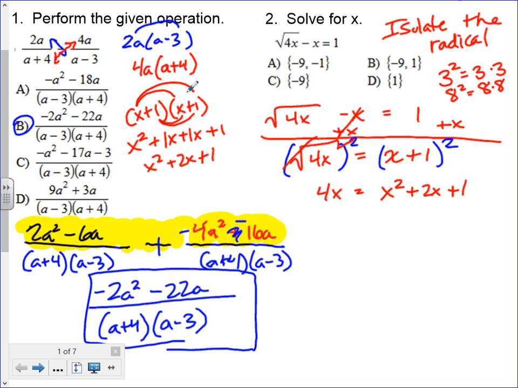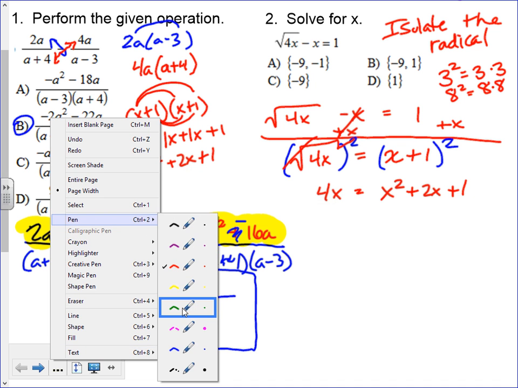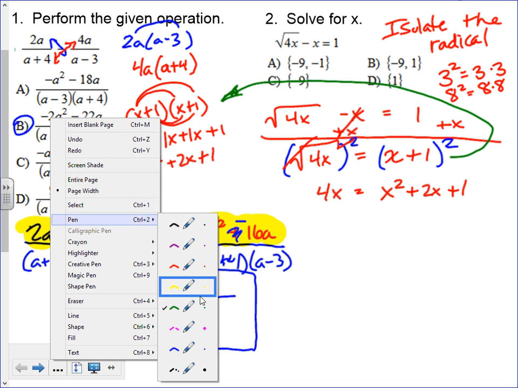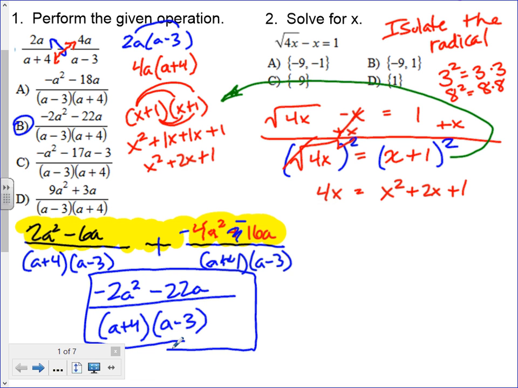When you claw, you're multiplying. X times x is x squared. X times 1 is 1x. Question? Celia, question? Oh, you ready to move on? Okay, hold on. So, when you see this binomial squared, you know you have to bring it over and claw it. Okay? Evelyn, what's next?